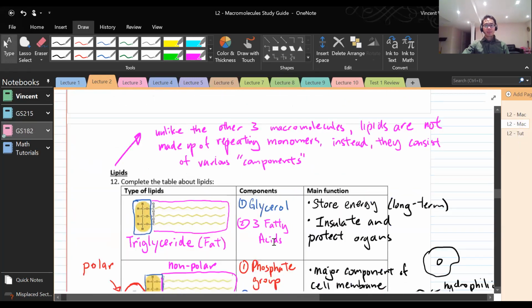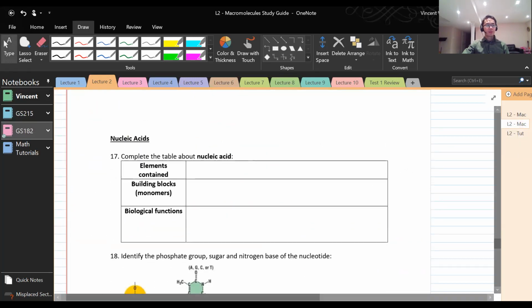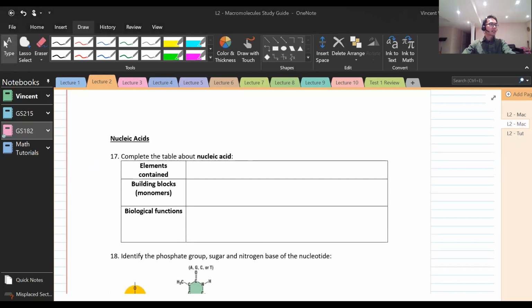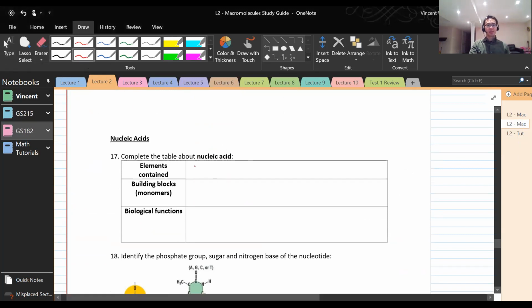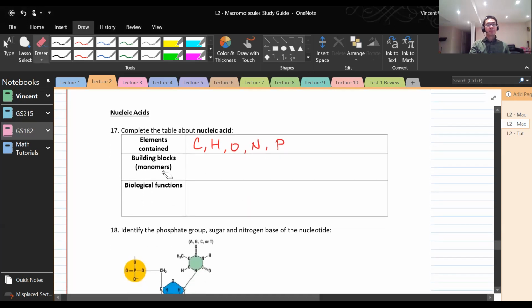In the last couple minutes here, we will finish up with the nucleic acid. First thing is the chart again. Elements contained in nucleic acid: we have everything: carbon, hydrogen, oxygen, nitrogen, as well as phosphorus. The building blocks for nucleic acid are called nucleotides.